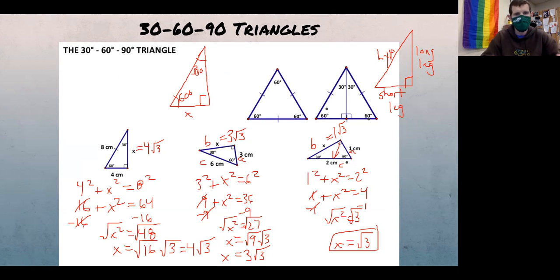So for the short leg, I'm just going to put an X. And if I know that the short leg is some value X, what can I do to find the long leg? So if we look right here at these examples, if the short leg was 4, what did I do to get the long leg?